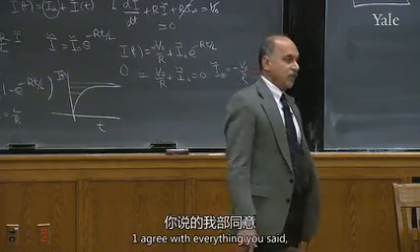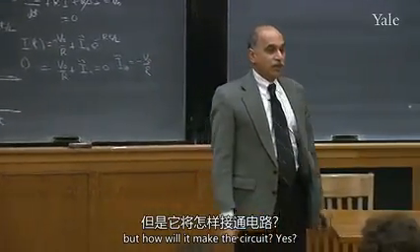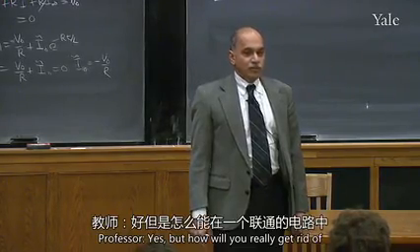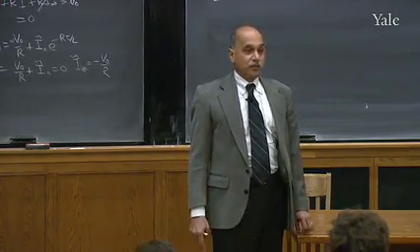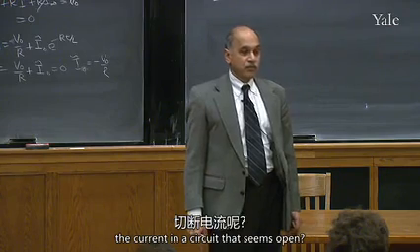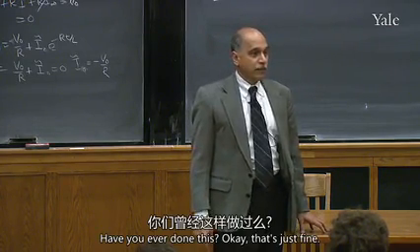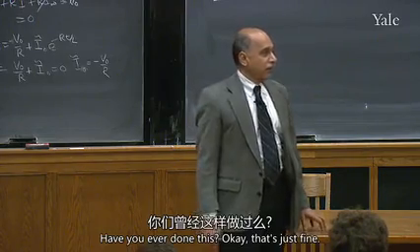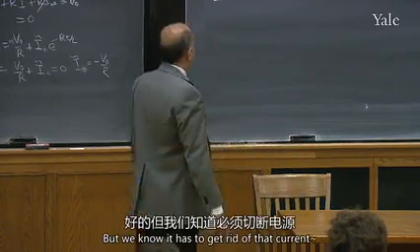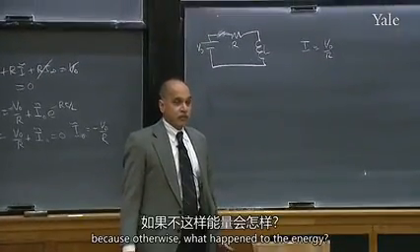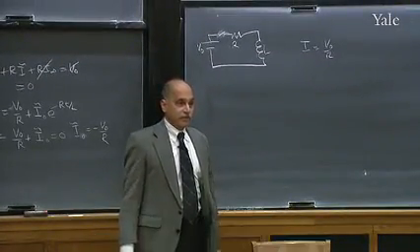I agree with everything you said, but how will it make the circuit? Be a higher concentration of charges on one side or the other. Yeah, but how will you really get rid of the current in a circuit that seems open? Have you ever done this? Okay, that's just fine. But we know it has to get rid of that current, because otherwise, what happened to the energy?